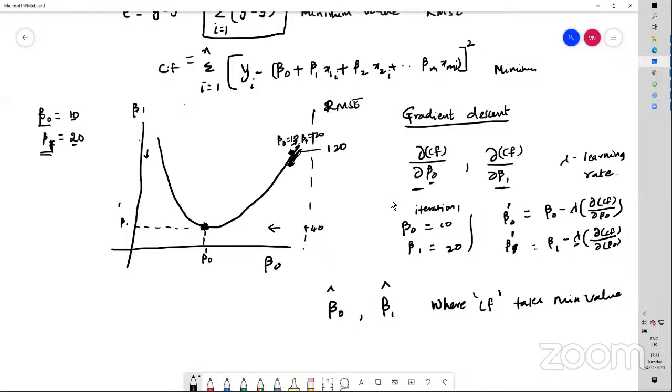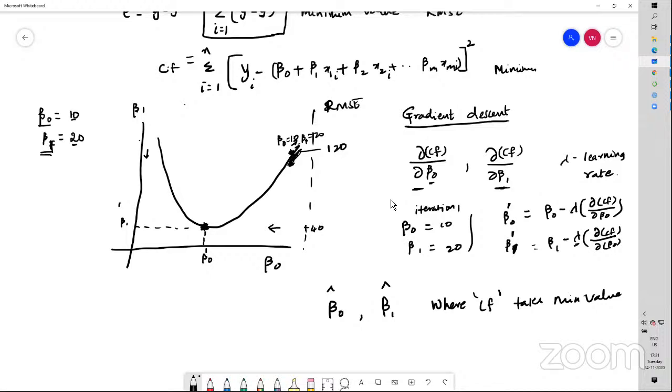This is exactly what we learned in our 11th standard. Maybe many of us don't remember this. This is called maxima minima. To find out where a particular function can take its minimum value, we apply the first order derivative.